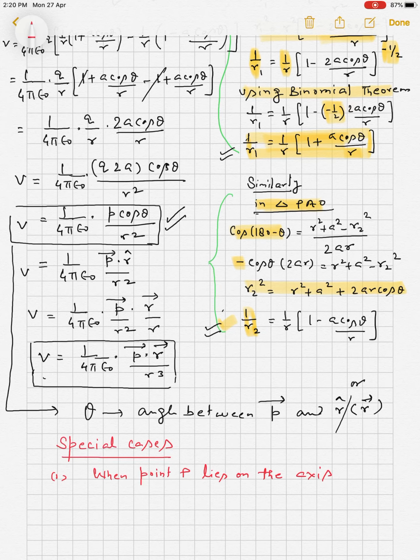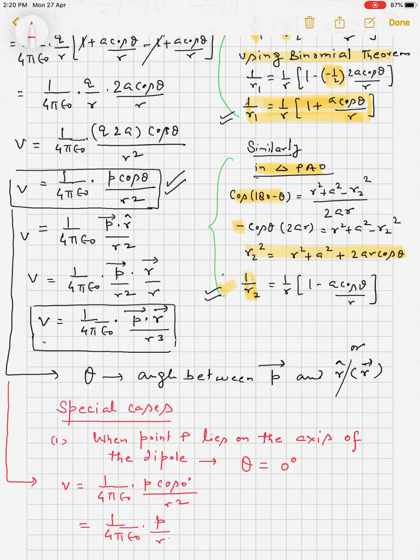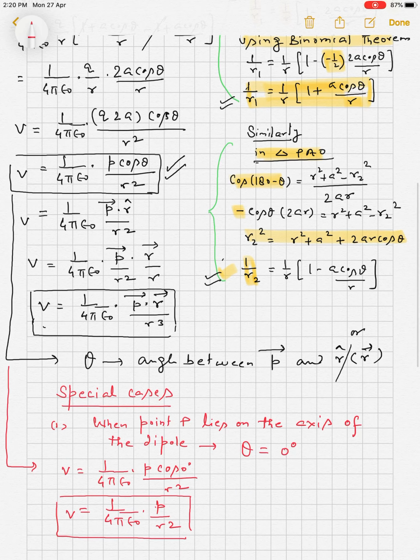When theta is equal to 0 degree, this formula becomes V is equal to 1 upon 4 pi epsilon naught p cos 0 degree upon r square. So we have 1 upon 4 pi epsilon naught, cos 0 is 1, so it is p upon r square. So on axial position, the electric potential due to a dipole is proportional to 1 upon r square, while in the case of single charge it was proportional to 1 upon r.